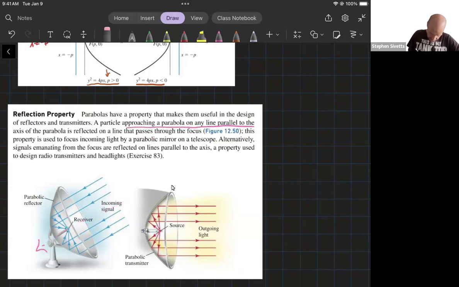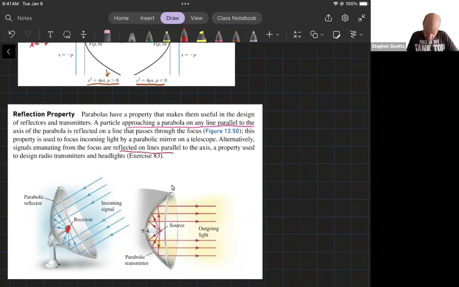So if it's approaching the satellite parallel to the axis where the satellite is pointing, the light will reflect off the reflector, and that light, or the signal, will converge on a focal point, on the receiver, right?